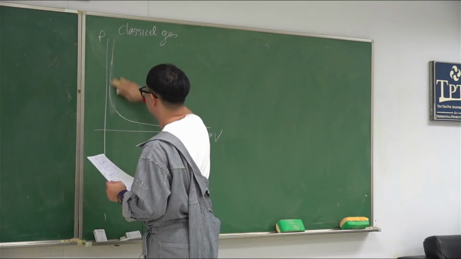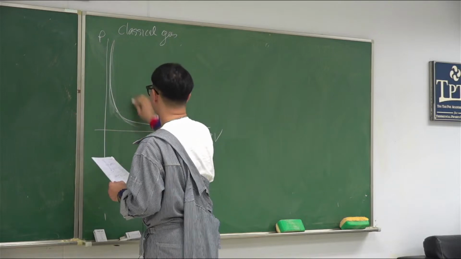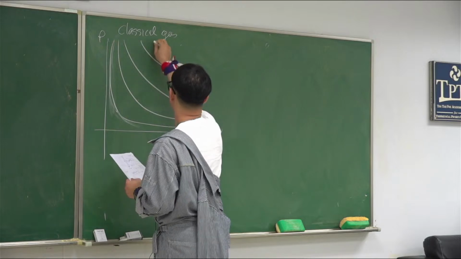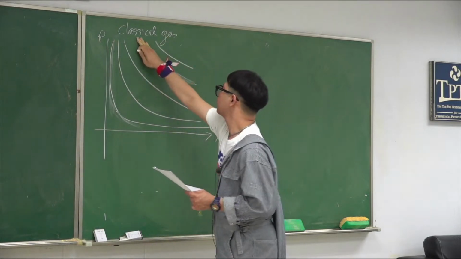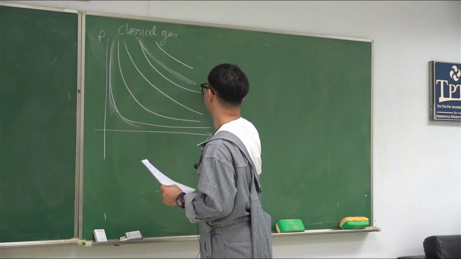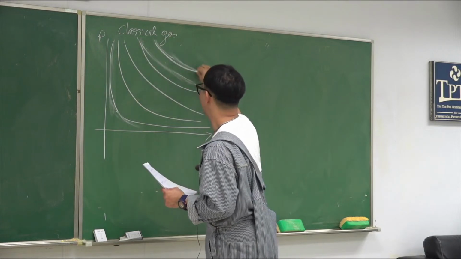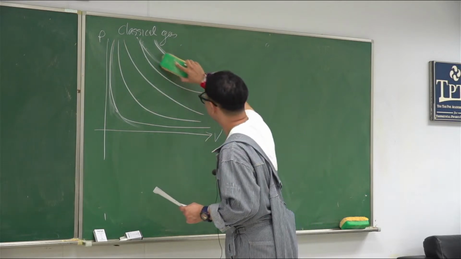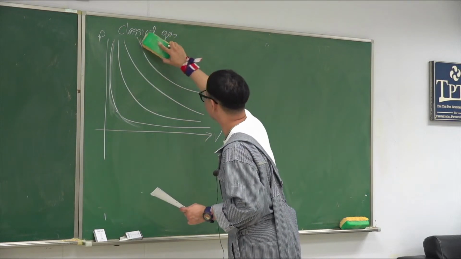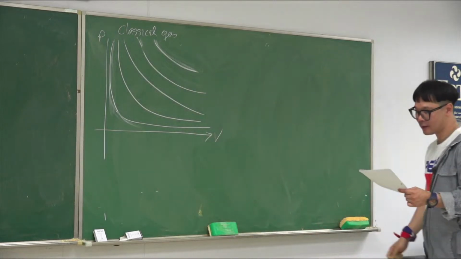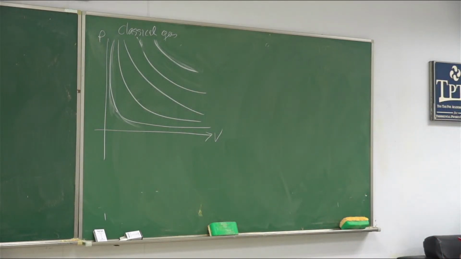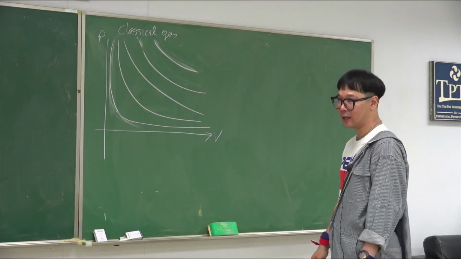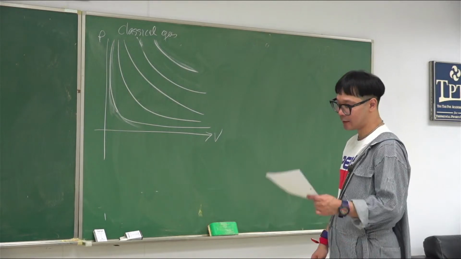Oh, sorry, this is a bit strange. It's not that realistic. Let me polish it a little bit. Okay, so you have this line for the isotherm that we have in the classical gas.